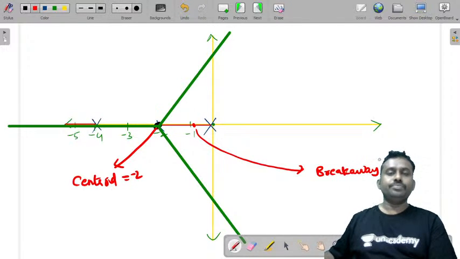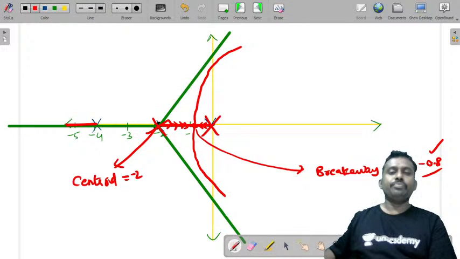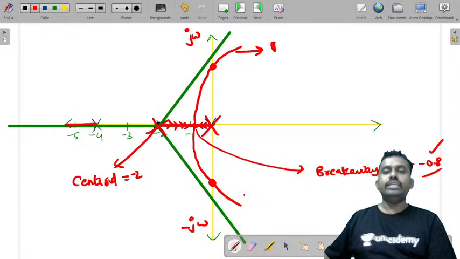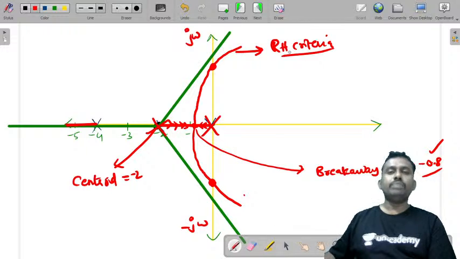This is a valid breakaway point because we had a root locus between these two points. This means the root locus starts from this pole and this pole, travels to this point, and moves along these asymptotes. Now it is intersecting the j omega axis, and we need to find this point of intersection using the RH criteria.